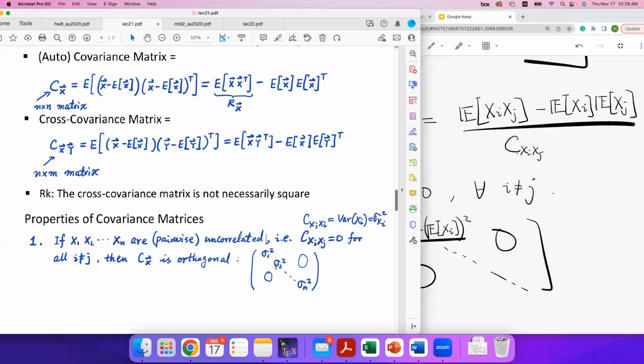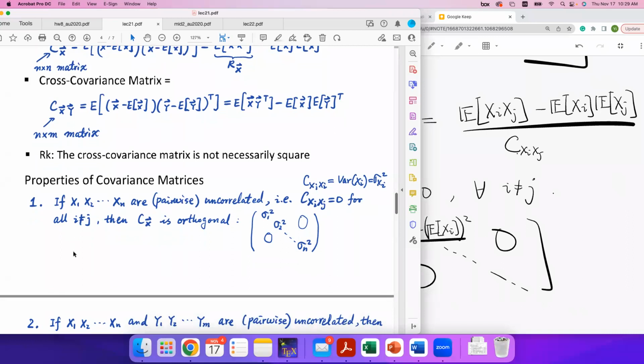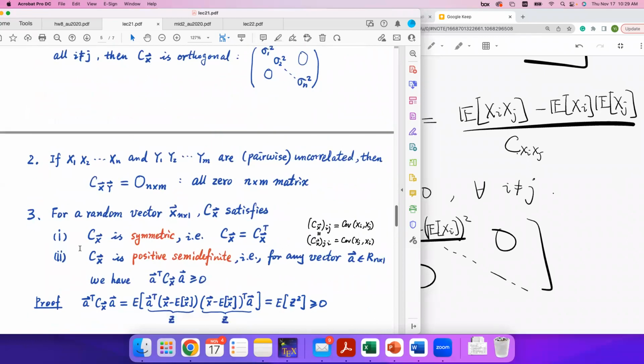The only correlated ones are the diagonal elements, which correspond to the correlation of each random variable with itself. And of course, in that case, it becomes the variance of this random variable, the covariance between this random variable and itself. Right? So it becomes the variance. This is a very special case. We will see it many times.